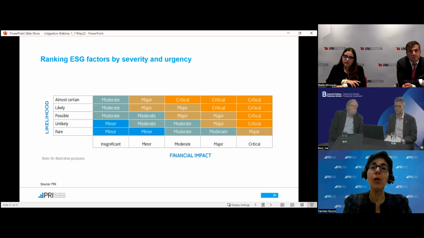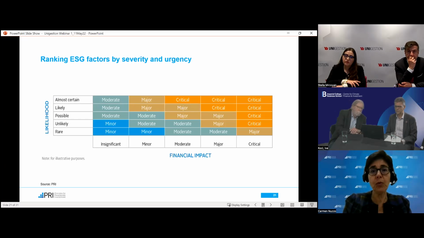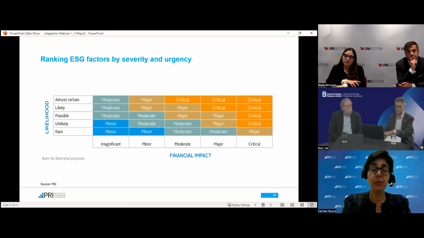So a factor may not be relevant now, but may become relevant in the future. And this could be a useful tool to help tracking the evolution of these risks. And it's something that we've been discussing at length during roundtables at the PRI. We've been organizing with analysts, credit rating agencies, and also more recently, the borrowers, the companies.